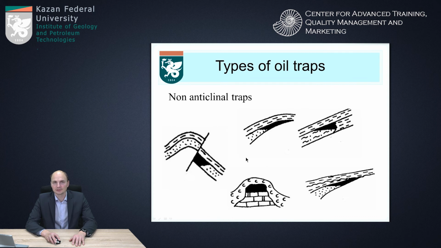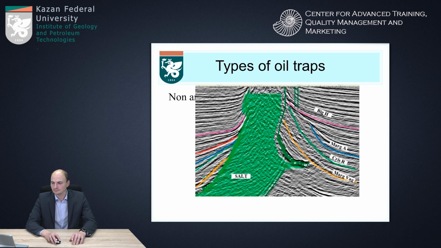There are certain types of non-anticlinal traps. Let's talk a bit about non-anticlinal traps. The first is the salt dome. Salt is a mineral that is actually solid, but under huge pressure and temperature, it can start to behave as a liquid, and it tries to move up to the surface.